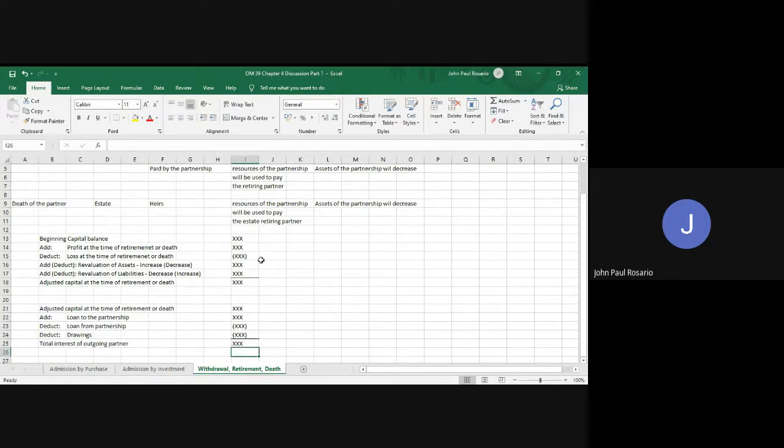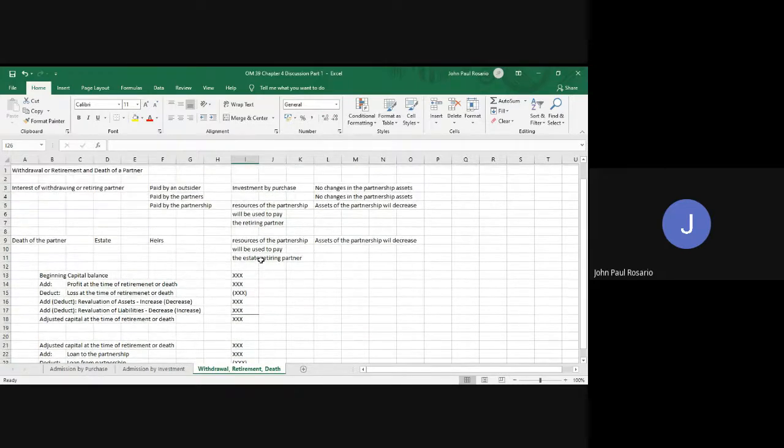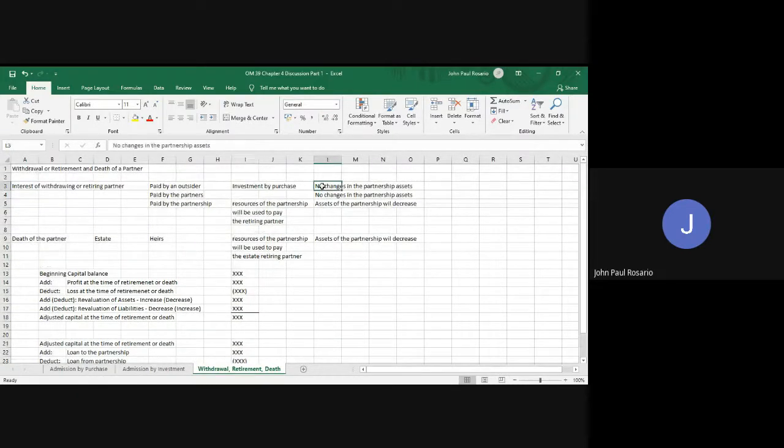So for you to have a clearer picture of what is really happening here, let us have examples para mas ma-picture out ninyo siya. Let's start here. Payment is made by an outsider.